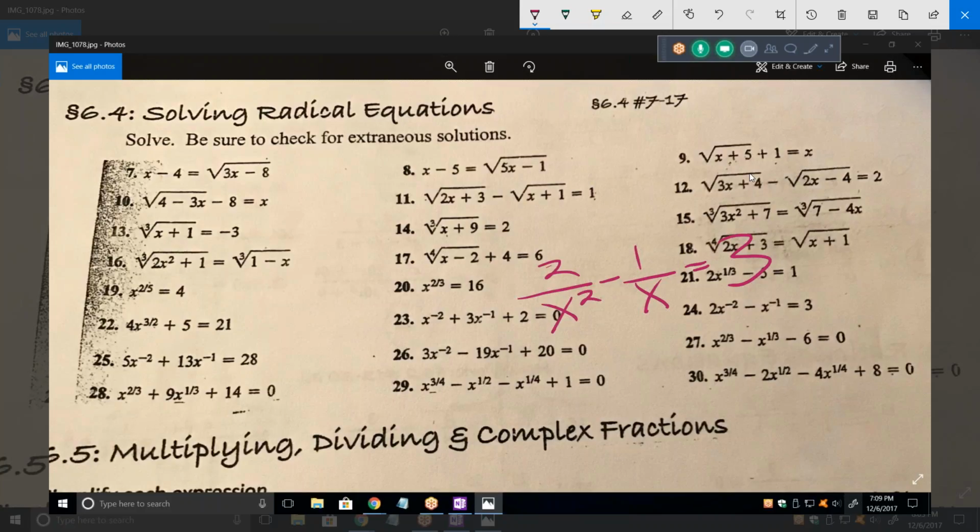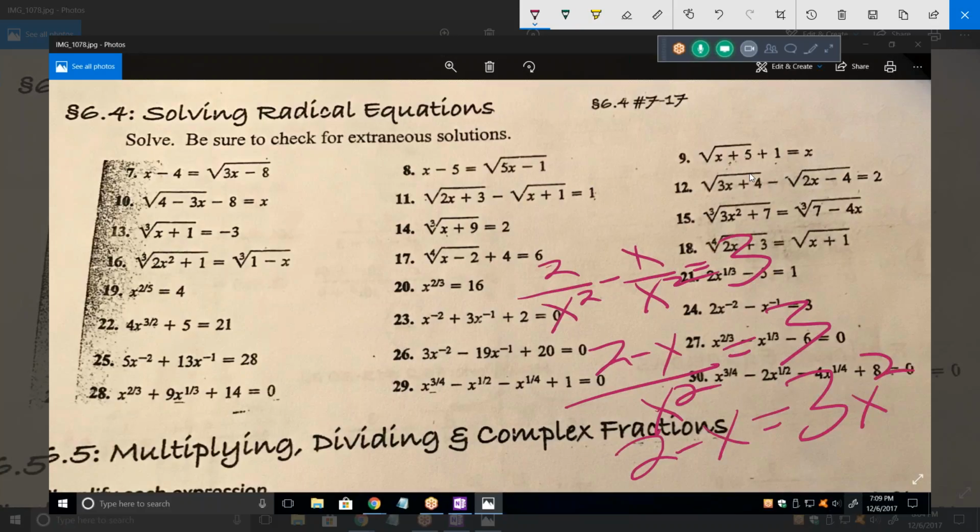I guess I can solve that with a common denominator. I got 2 minus x over x squared equals 3. Now I got 2 minus x equals 3x squared. So I still end up with a quadratic. That might even be an easier way to do it.